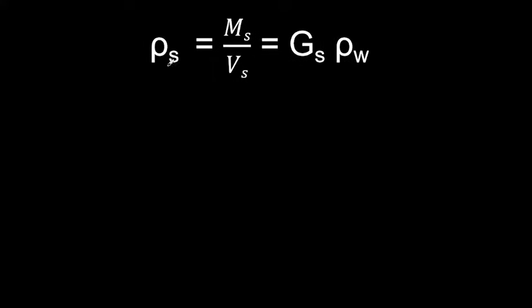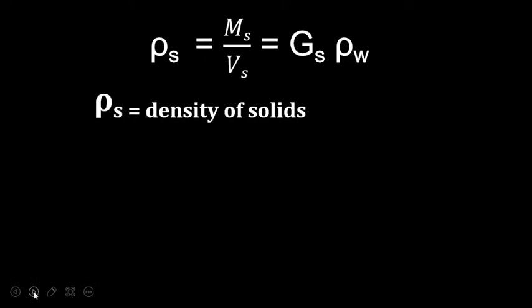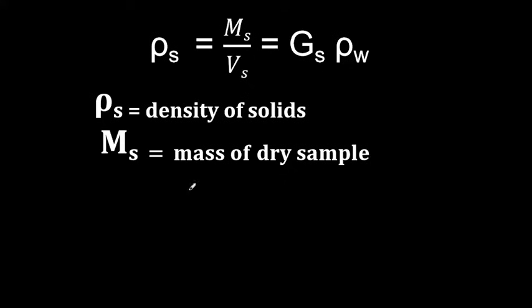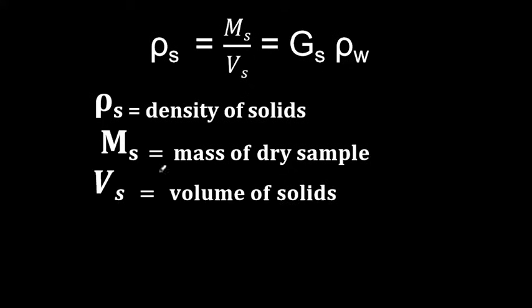So this is the formula for the density of solids. In this formula, rho s stands for density of solids, ms stands for mass of the dry sample or weight of the dry soil, and Vs stands for volume of solids.